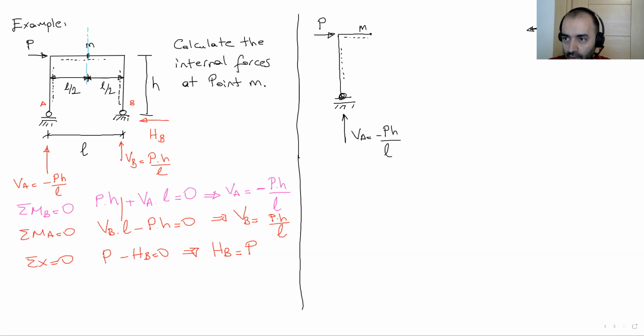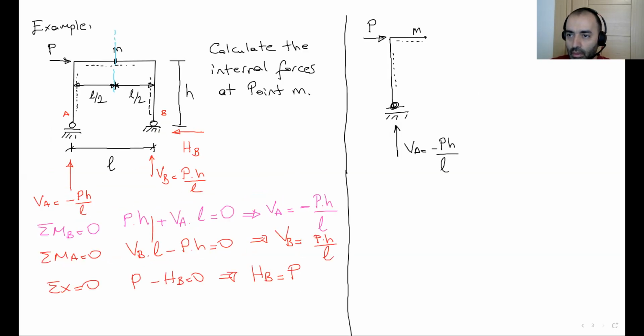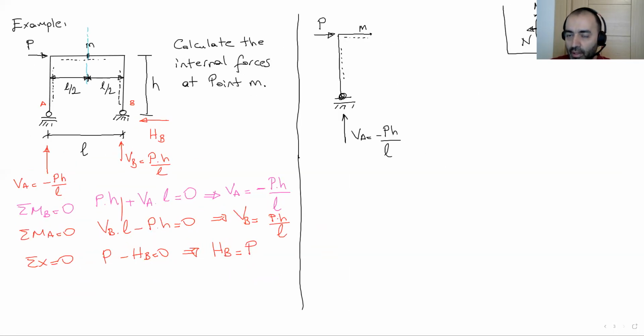Okay, these are the positive directions: M, T, N, M, and T. Keep this part in your mind.